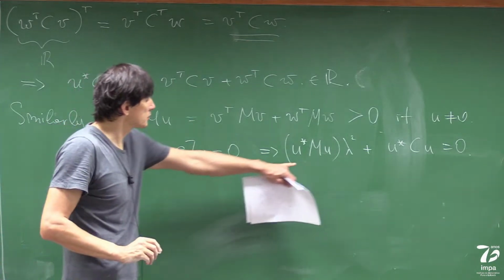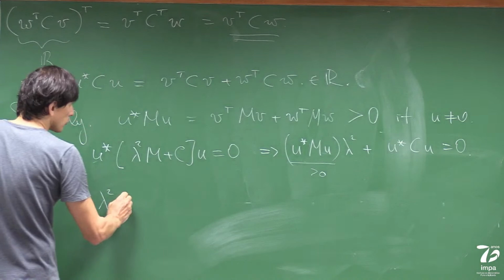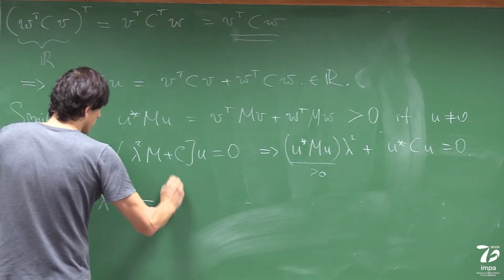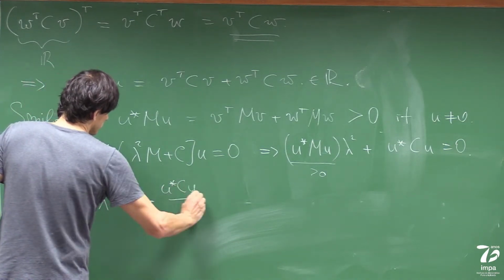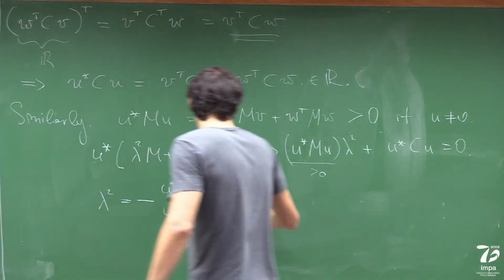You can divide by this. This is positive, so it's non-zero. So you can find lambda squared is minus U star C U divided by U star M U, and this is real.